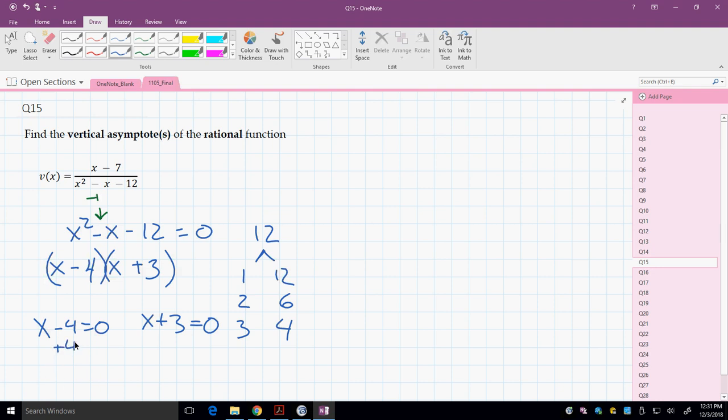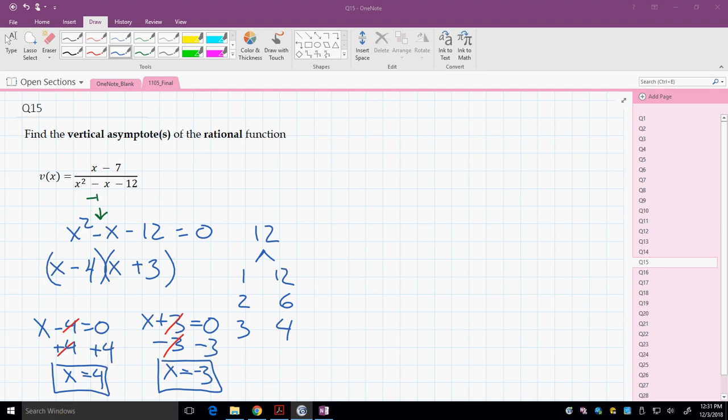So I'm going to add 4 to both sides of the equal sign. That is going to cancel. Now I have x equals 4. Here I'm going to subtract 3 on both sides of the equal sign. And I have x is equal to -3. So those 2 points are my vertical asymptotes.